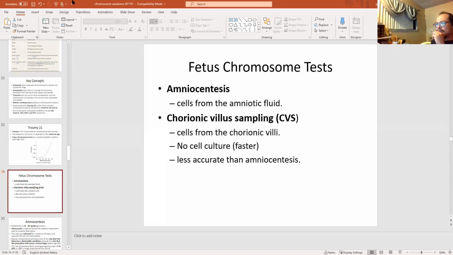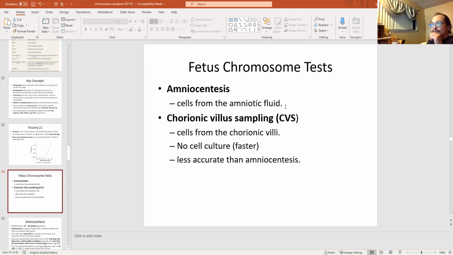As for the chorionic villus sample, CVS, the advantage is that it's faster, because here we can collect a larger amount of cells, and we don't need to wait until there are enough of these cells.